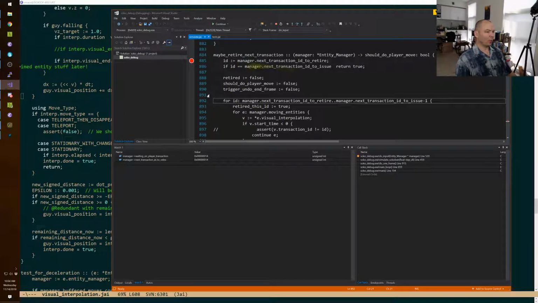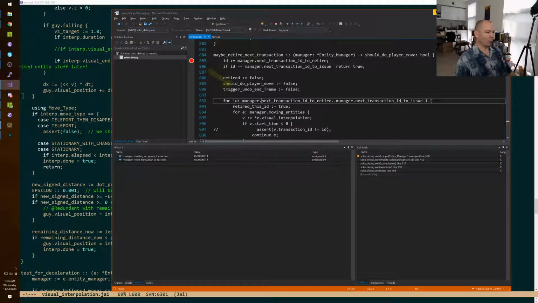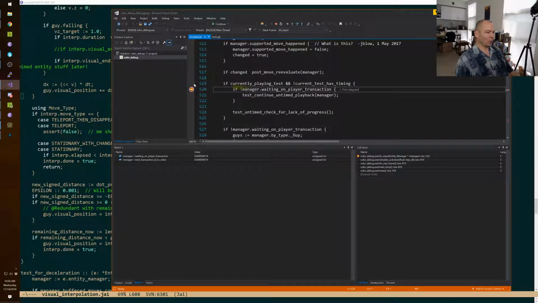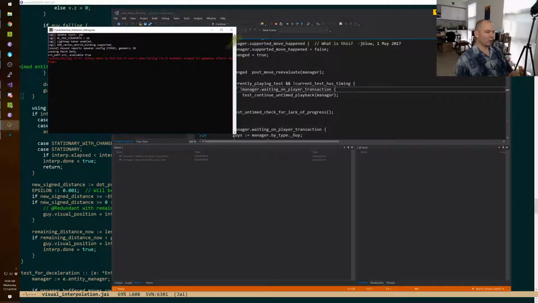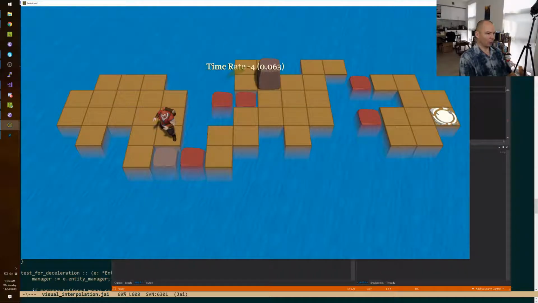All right, so what I'm going to do is slow it down. And I want to find the last instance of when maybe retire next transaction is called, which is not that obvious to me right now in terms of the animation sequence.